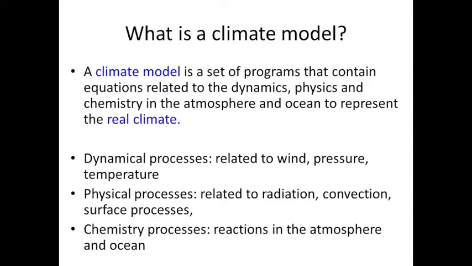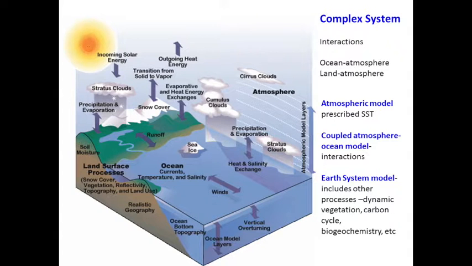Well, there are many reactions that occur in the atmosphere, in the ocean, and all these need to be taken into account in a climate model. So we see that the atmosphere and the ocean, or the globe, is a complex system.